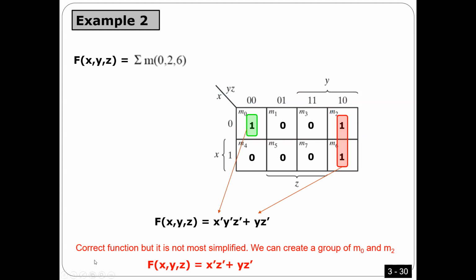Remember, when I say the most simplified function, what does it mean? Number 1, you minimize the number of terms. So here we have 2 terms and we have 2 terms, right? Number 2, you minimize the number of variables in every term. That's why this one is not the most simplified, because this term has 3, but I can make it only 2.